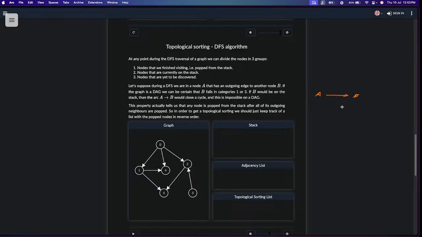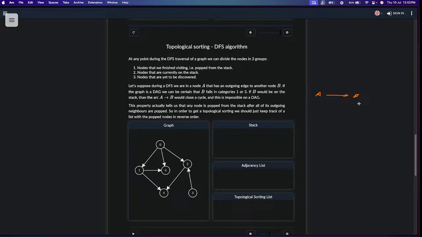Okay, if the graph is DAG, we can be certain that B falls in category 1 or 3. It's nodes that we finish visiting, that is popped from the stack, or nodes that are yet to be discovered, right?